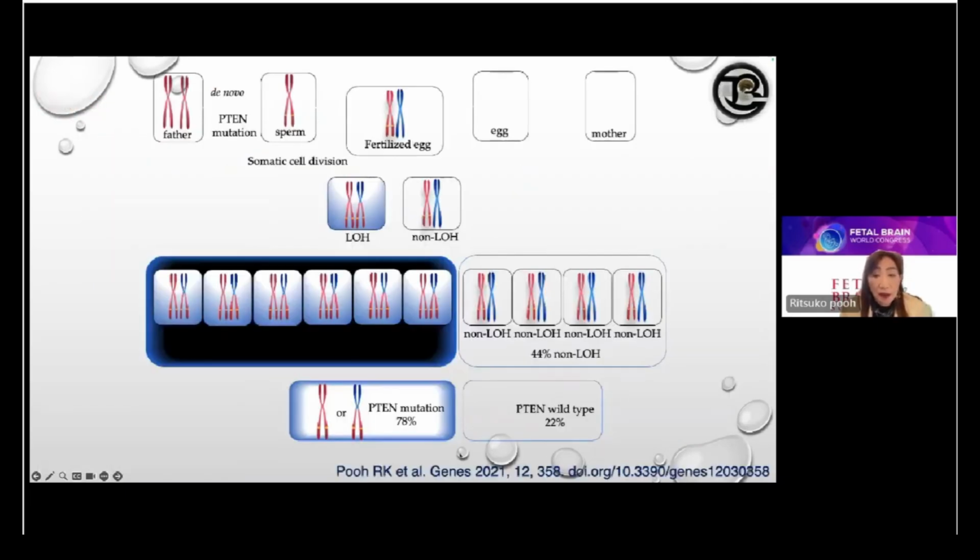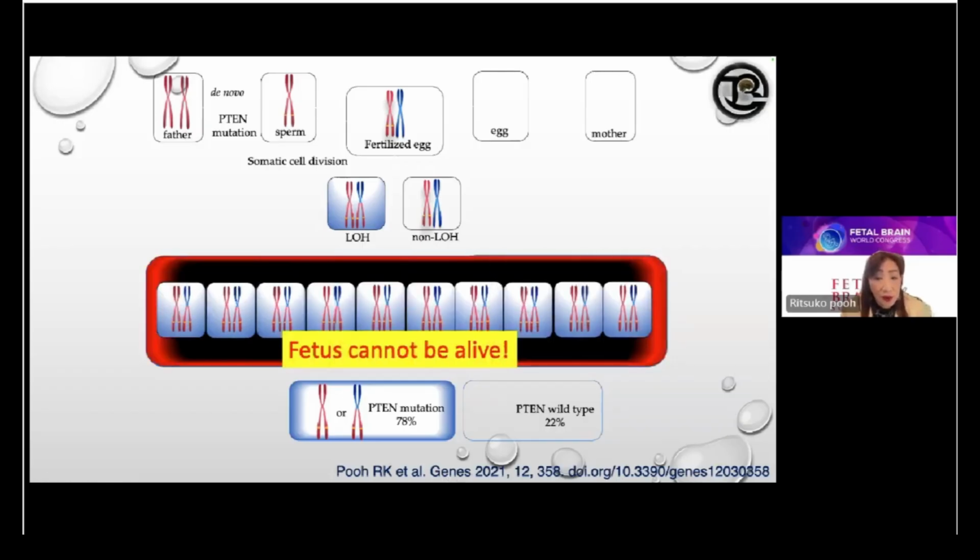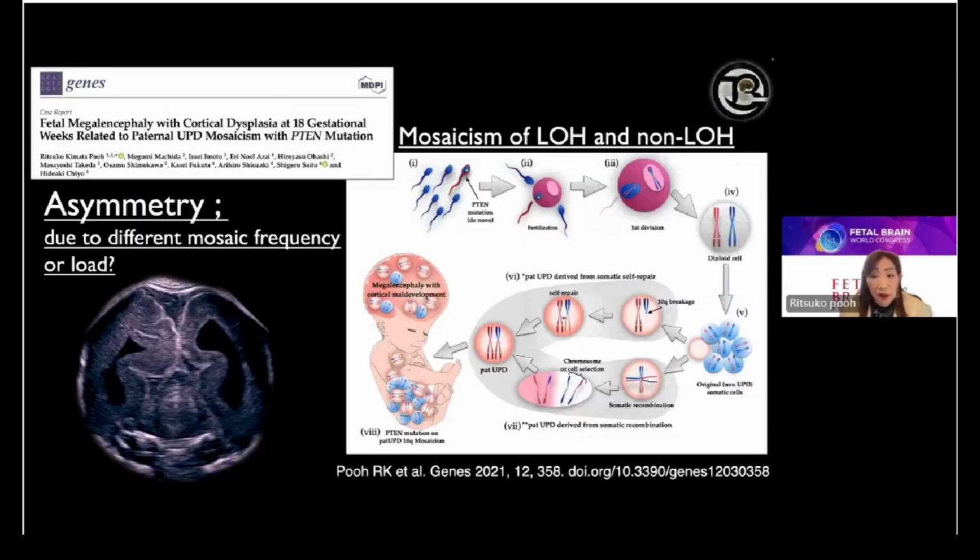I think this case had mosaicism of LOH and non-LOH, and if all cells were LOH, the fetus could not be alive. However, this fetus was alive until termination at 21 weeks of gestation, and this is a diagram of the mechanism of how such an extremely rare fetus with paternal UPD mosaicism of 10q and the PTEN variant on 10q was created.